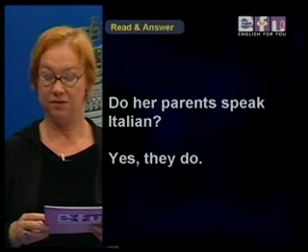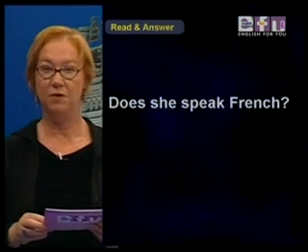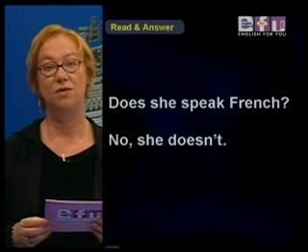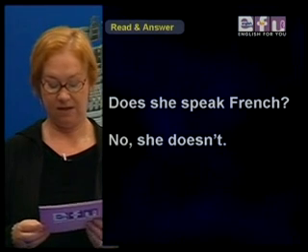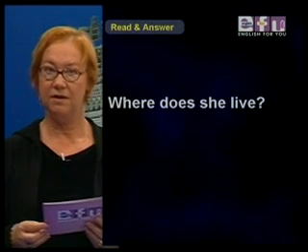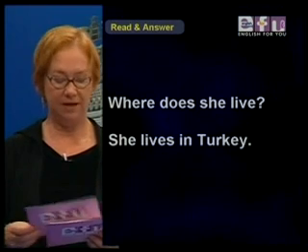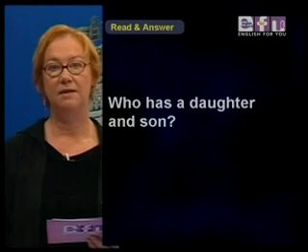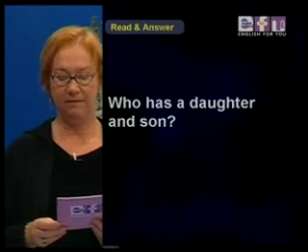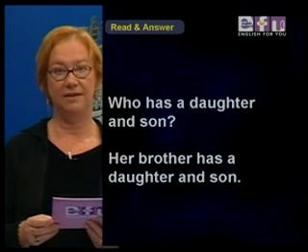Yes, they do. Number 4. Does she speak French? No, she doesn't. Number 5. Where does she live? She lives in Turkey. Number 6. Who has a daughter and son? Her brother has a daughter and son.